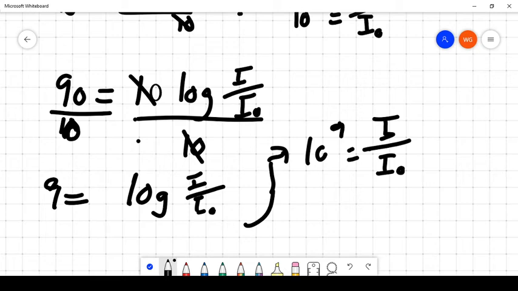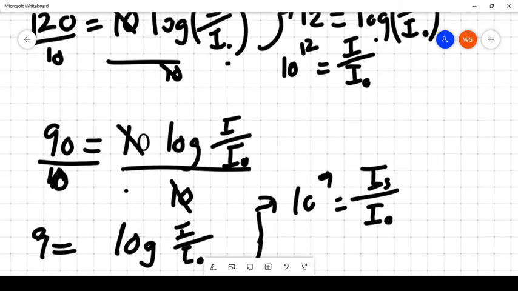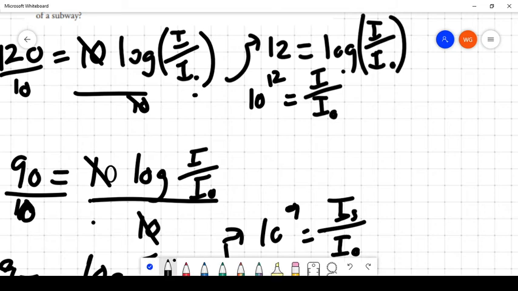Now let's compare the two. We take I_S over I0, which is the subway over the sound that's barely at the level of hearing, and compare that to I_R, the rock concert intensity, over I0.